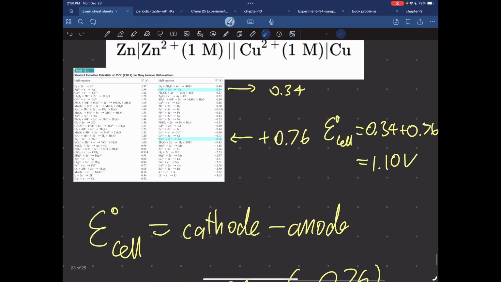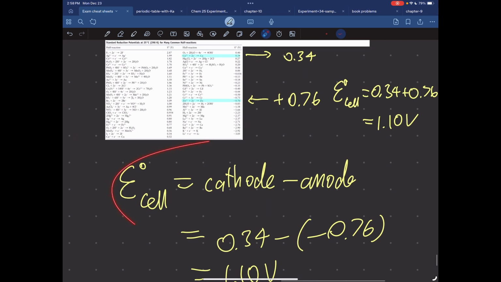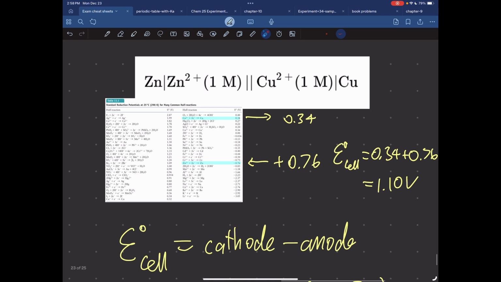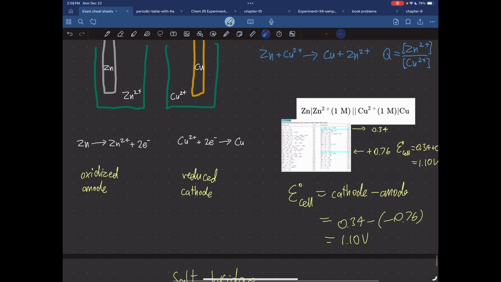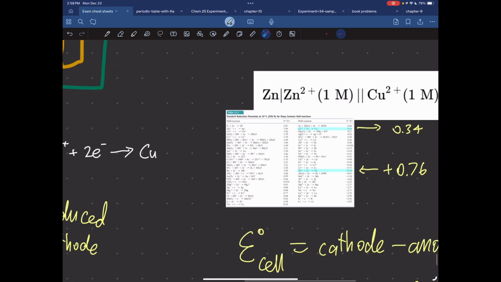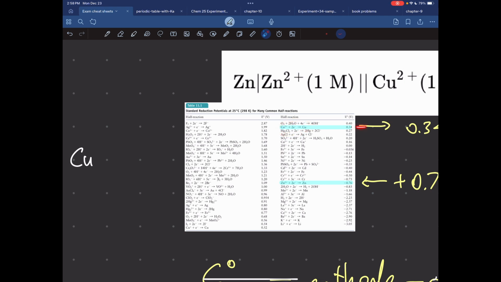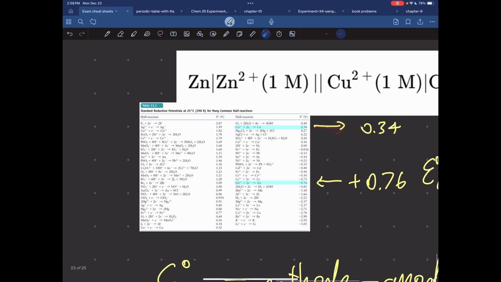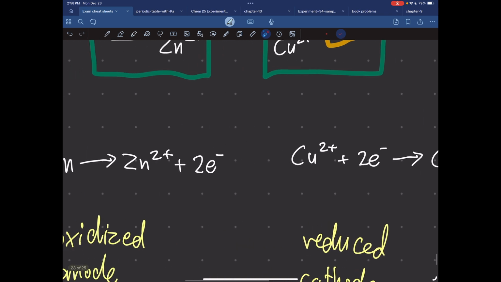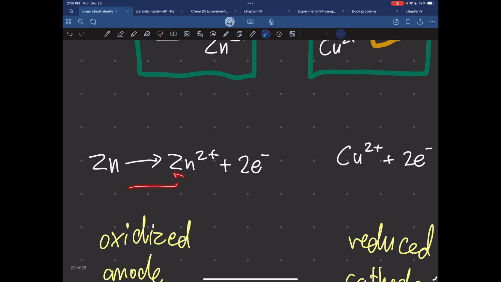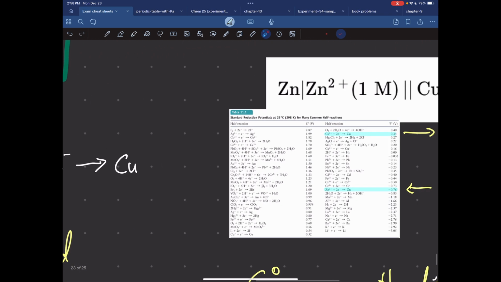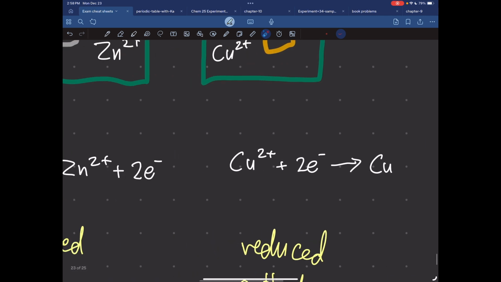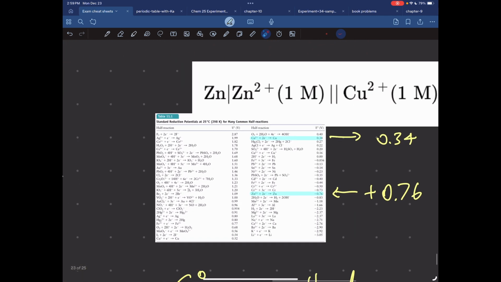Anyways, another way of thinking about this equation is this. The copper reaction is the same as this reaction. It goes forward, so it's the same number as this. But this reaction here actually goes backwards. See? Zinc gains electrons here, zinc loses electrons here.